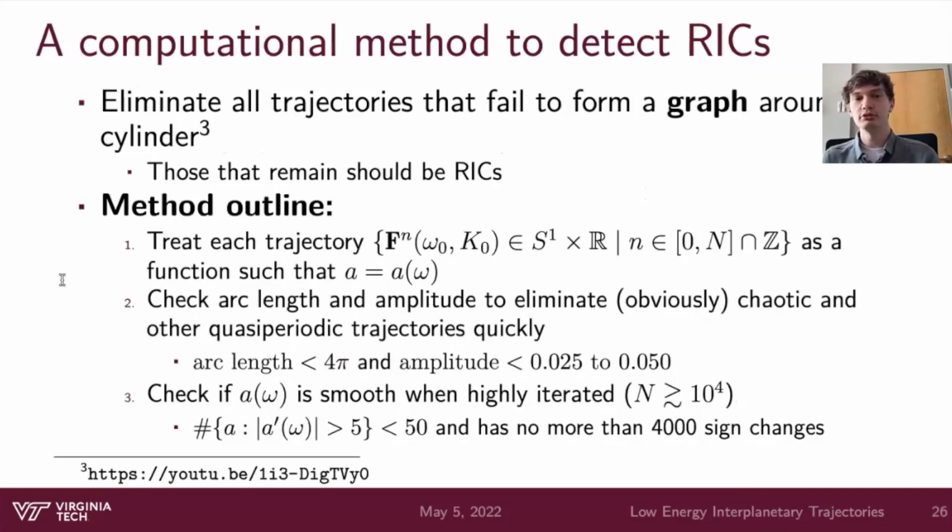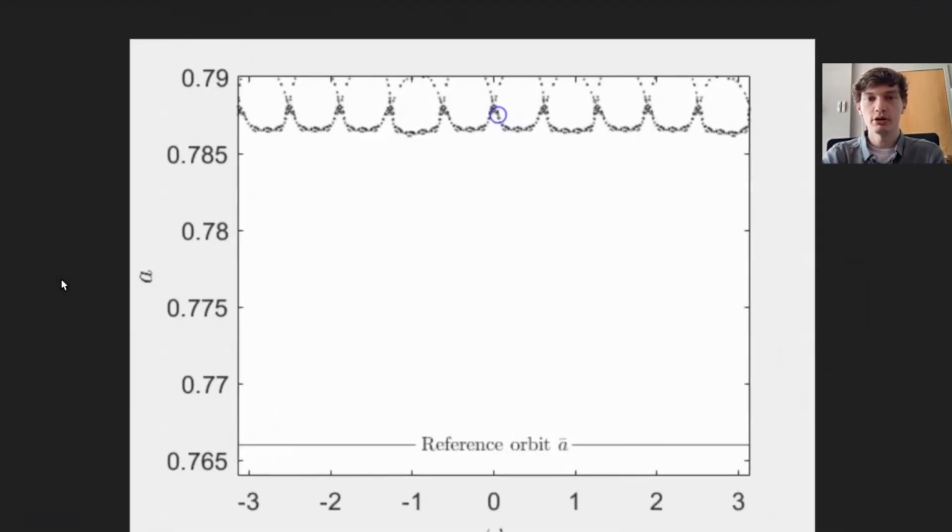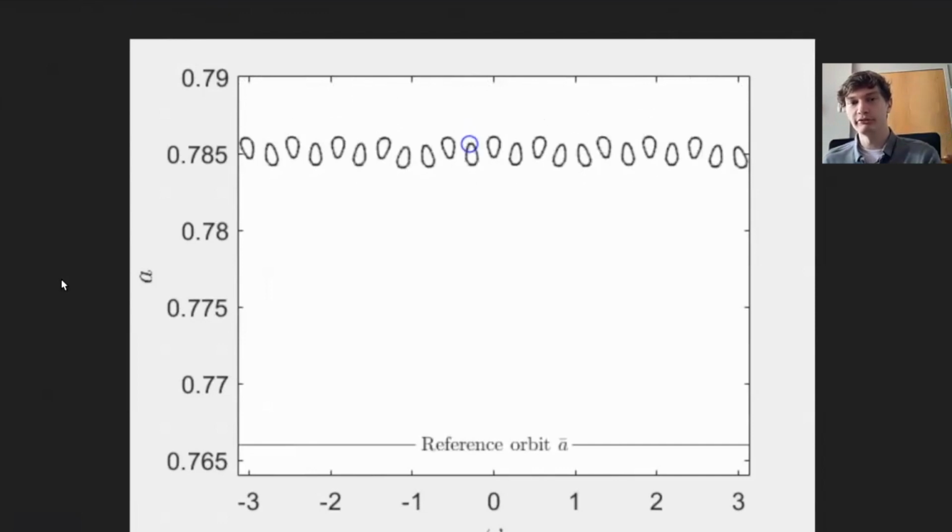What we're essentially doing is looking for trajectories that don't form graphs. We're going to test if our trajectory is continuous and smooth, and throw out the ones that don't form a graph, and those that remain should be Ricks. Just to give the idea of what we're looking at, this is the phase space of the Keplerian map.